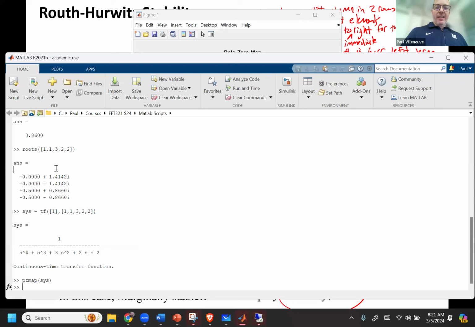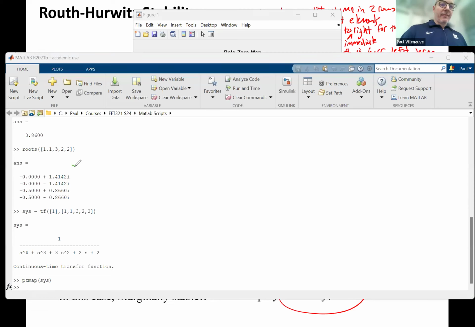I have to annotate. Plus or minus j square root of 2, isn't it? Yeah, that's from the auxiliary equation.